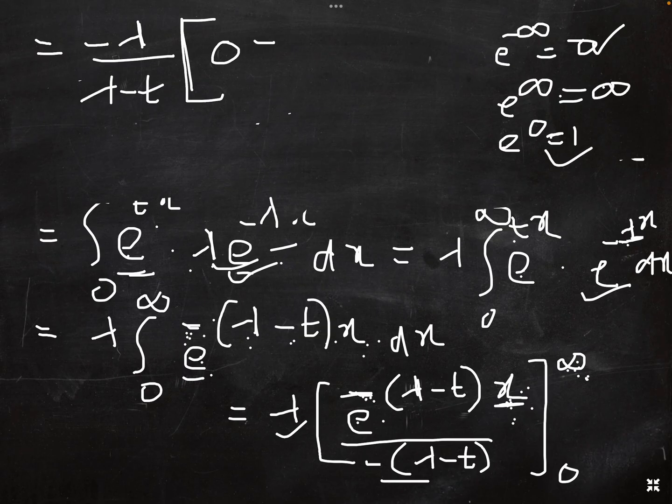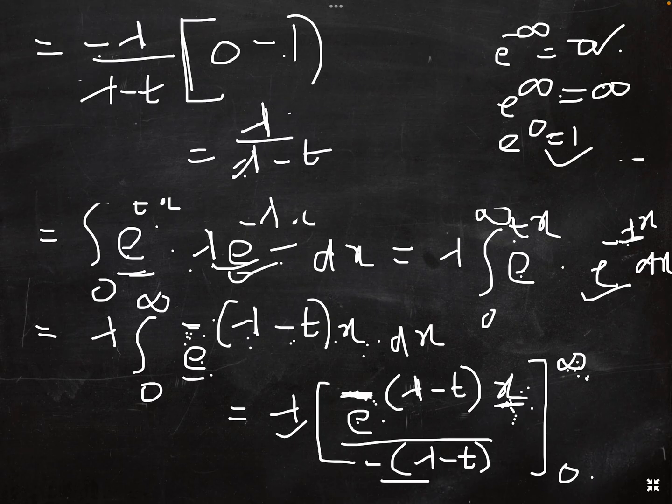Okay, when we put infinity, e raised to minus into infinity, that is e raised to minus infinity, that is 0. 0 minus, put x is equal to 0, that is e raised to 0, and e raised to 0 is 1. So 0 minus 1, we get minus lambda by lambda minus t into minus 1, that is lambda by lambda minus t.